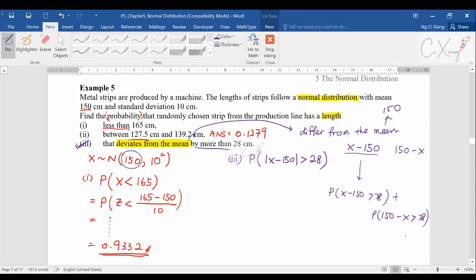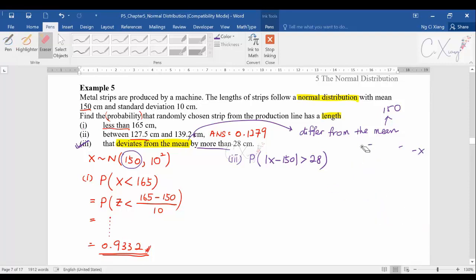Okay, if you want to write it out like this, also can. No problem. Alright, so for me, I will always write out the modulus sign. Up to you. Actually, later when you expand it, they are still the same.